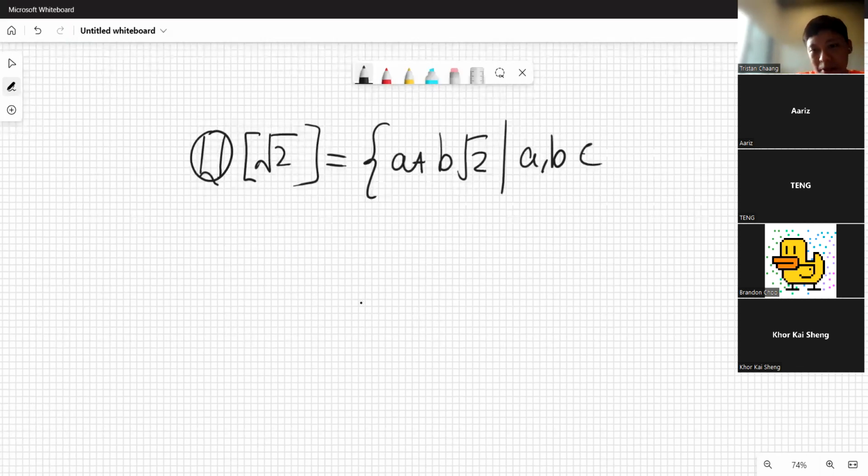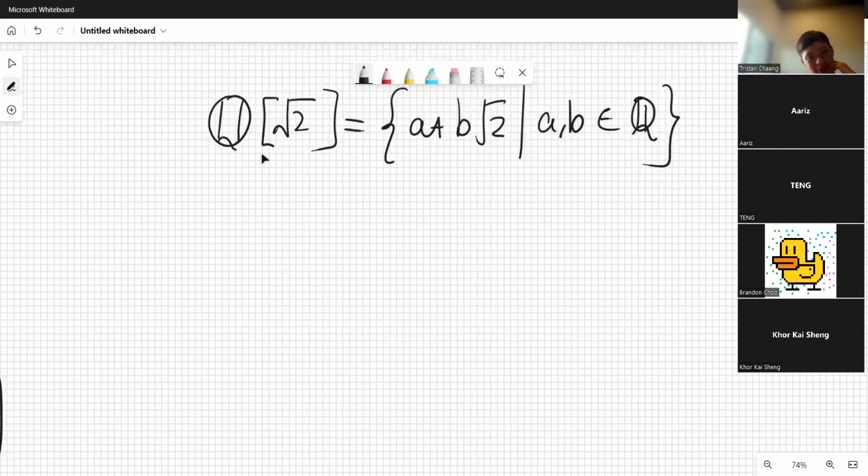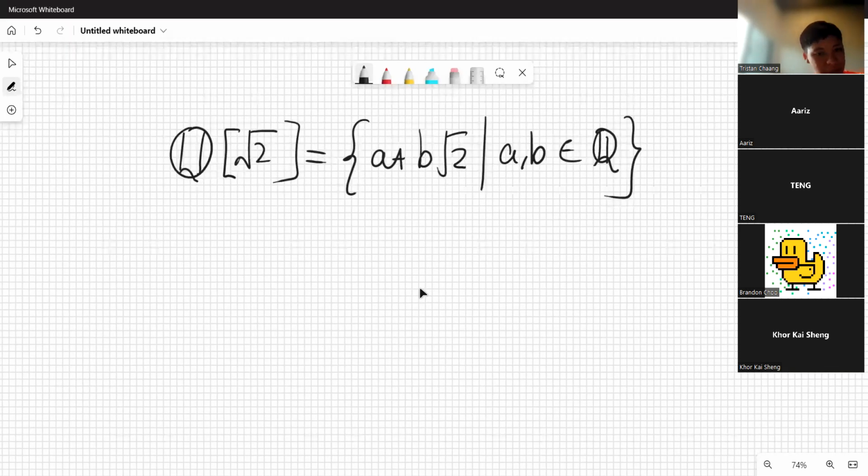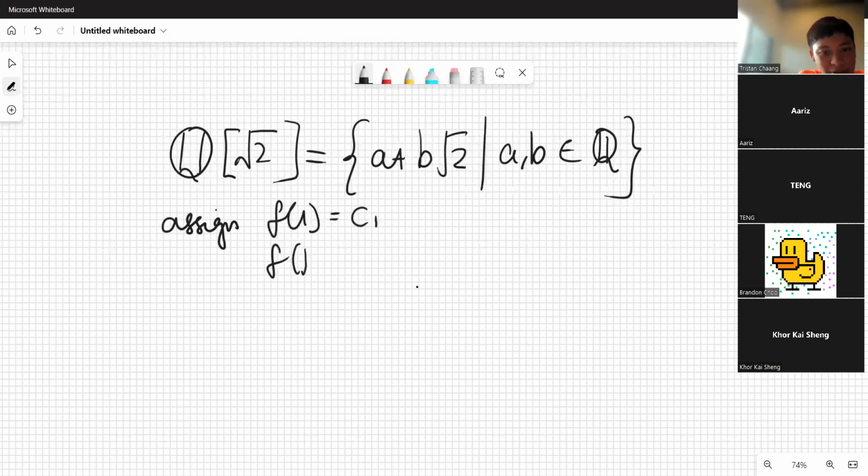It's kind of like complex numbers, but now you don't have i, but instead you have a square root 2. And then your coefficients here are rational. So this is slightly bigger than Q, but of course less than R, right? Pi is not in this set, for example. But we just work the same way. We just assign f(1) to be c1 and f(square root 2) to be c2.